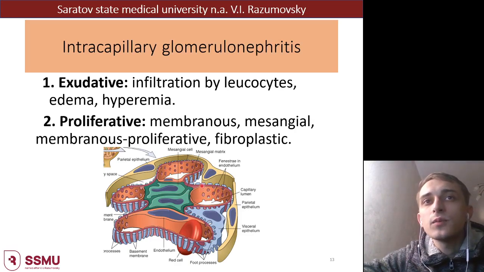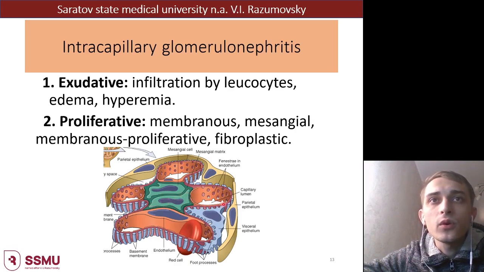The proliferative type of inflammation also may be localized here. It may involve mesangial cells. It may involve the membrane of glomeruli. Also, it may be a mixed form, and sometimes it may be a fibroblastic form.